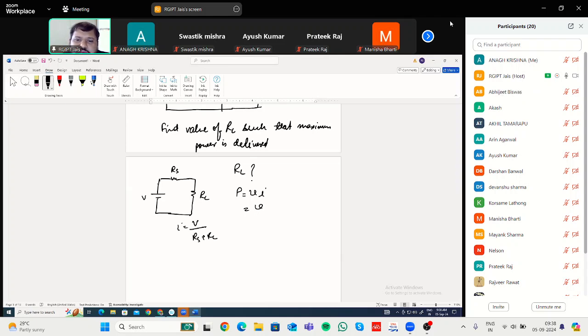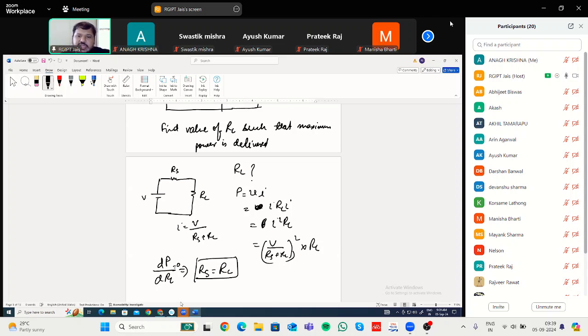V you can also write as I RL. So the power will be I square RL, putting I as V by RS plus RL, whole square, multiplied by RL. Then we differentiated this power with respect to RL and equated it to 0, and from that we got RS is equal to RL.